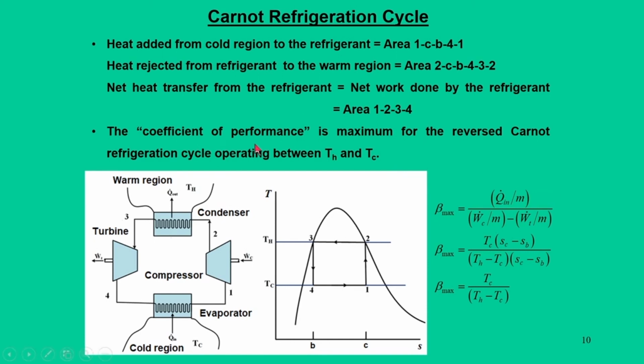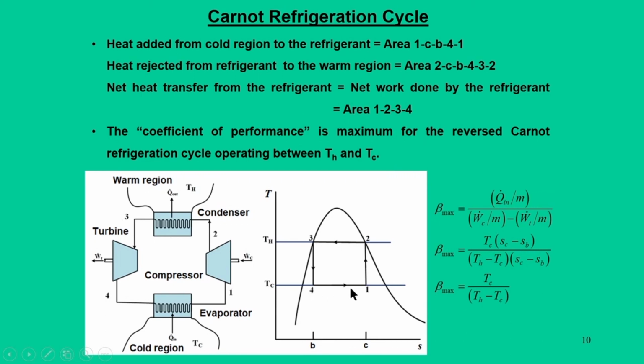To get this parameter, we have to recall this diagram 1, 2, 3, 4, and see how much heat gets added from the cold region to the refrigerant, which is the process in the evaporator, in which heat is taken from the cold region.